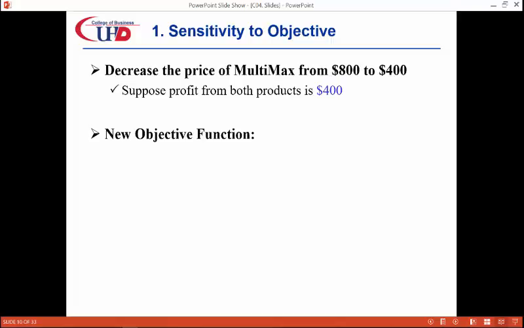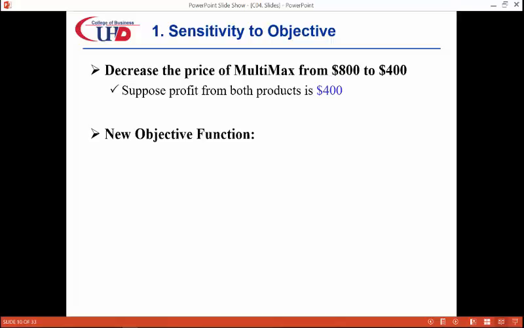In our original setting, the profitability of Multimax is $800, much higher than that of Max. Now suppose our further marketing study finds that Multimax can only be sold at a price of $400, not a penny more than the price of Max.